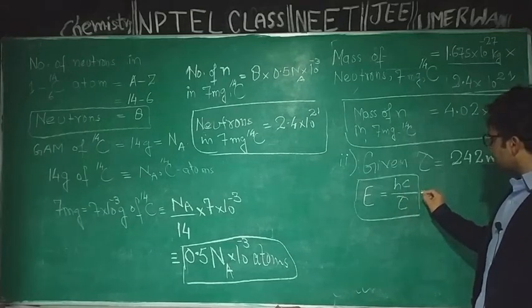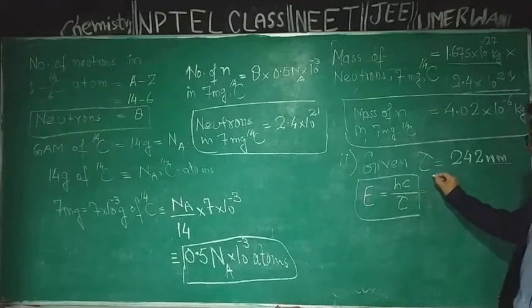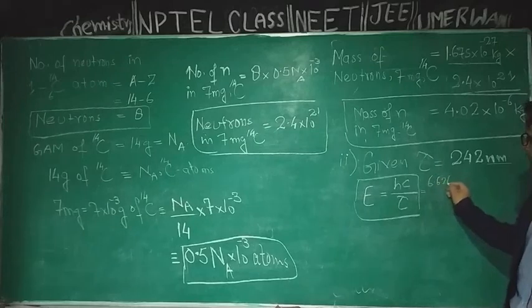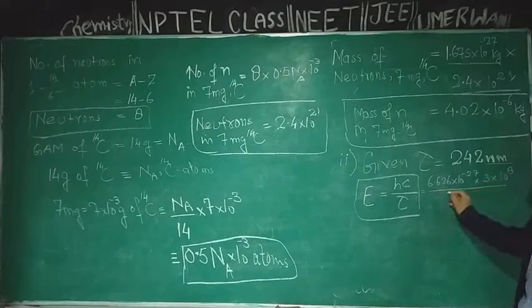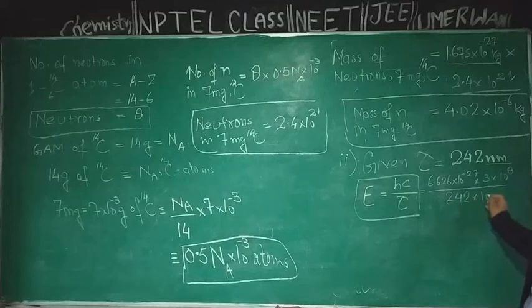After substituting values, first value 6.626 into 10 to the power minus 34, second 3 into 10 to the power 8, third 242 into 10 to the power minus 9 meter.